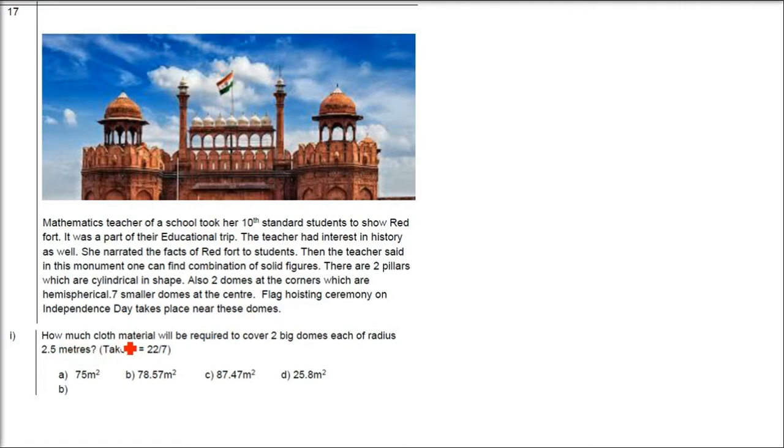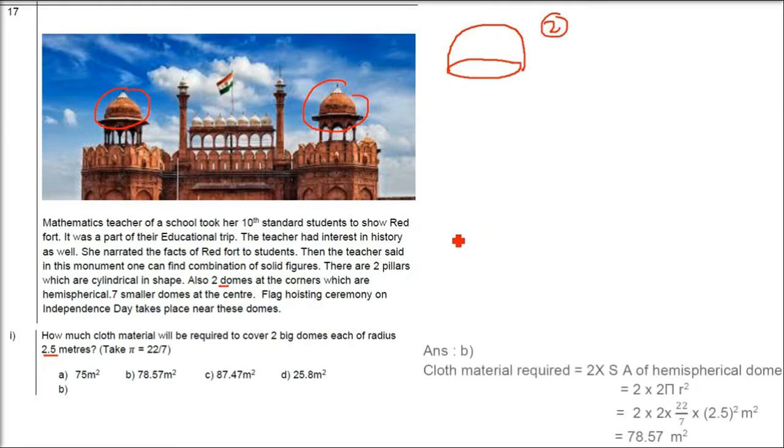How much cloth material will be required to cover two big domes, each of radius 2.5 meters? So these domes we have to cover using cloth. How much cloth do we need? This is one of the domes, and they are told to be hemispheres, like half a cricket ball.